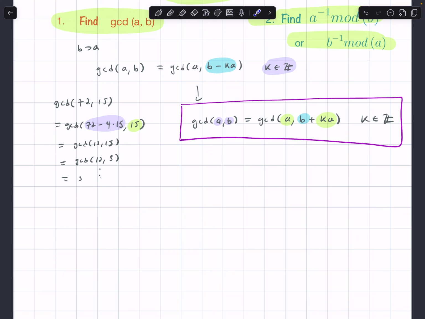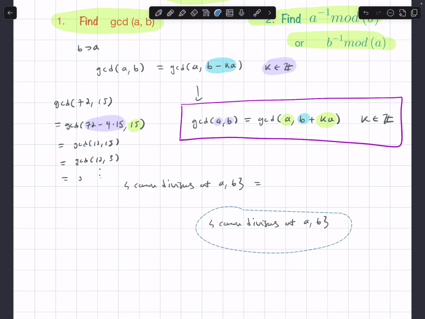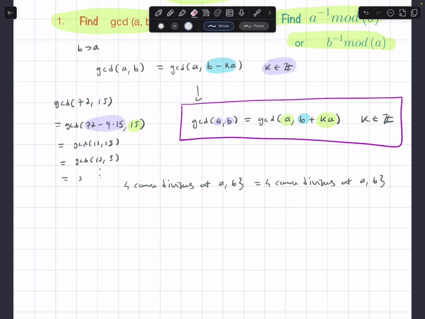What we're actually going to show is that the set of common divisors of a and b is the same as the set of common divisors of a and b plus k times a.